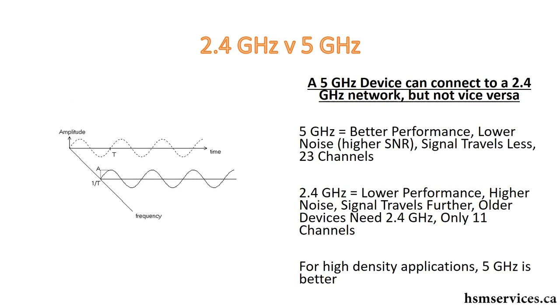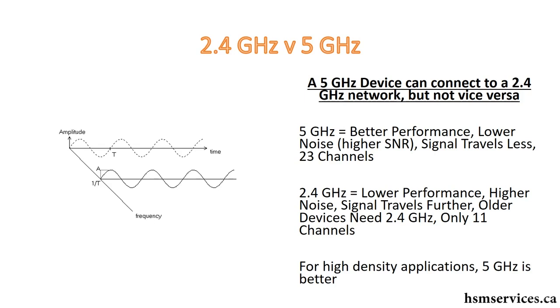And then you need to consider 2.4 or 5 gigahertz. As you know, Wi-Fi devices operate on 2.4 gigahertz or 5. Newer devices can operate on 5 or 2.4 or both. So 5 obviously has better performance and lower noise, but as a result of that, the 5 gigahertz signal doesn't travel as far.